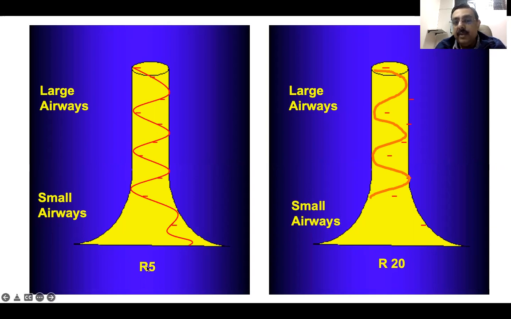So the 5 hertz actually penetrates from the larger airways and reaches up to the smaller airways. On the other hand, sounds of higher frequency, for example 20 hertz, will gradually damp out and will not be able to reach the smaller airways, but will reach only the larger airways. And these differential frequencies help us to understand the various respiratory diseases in pediatrics.